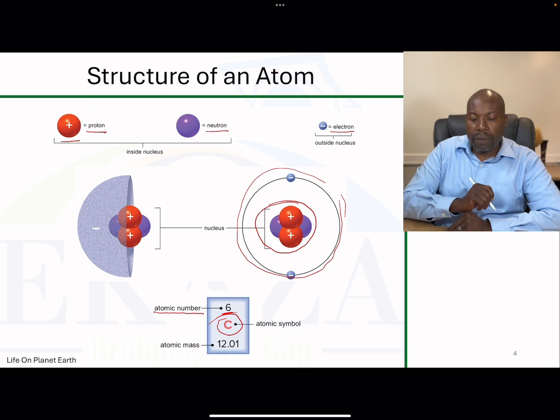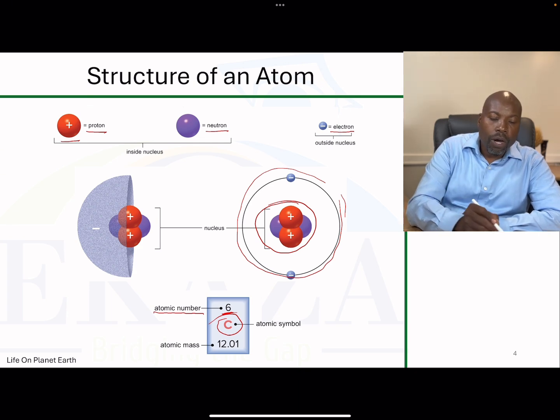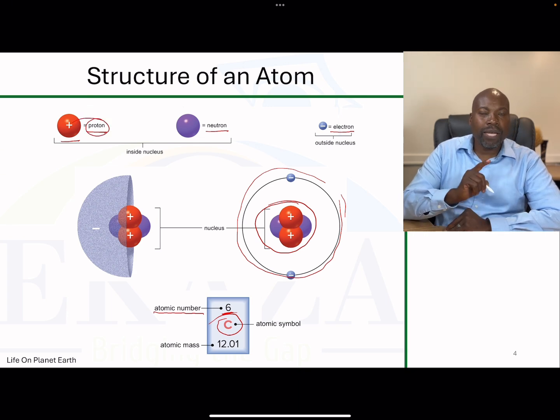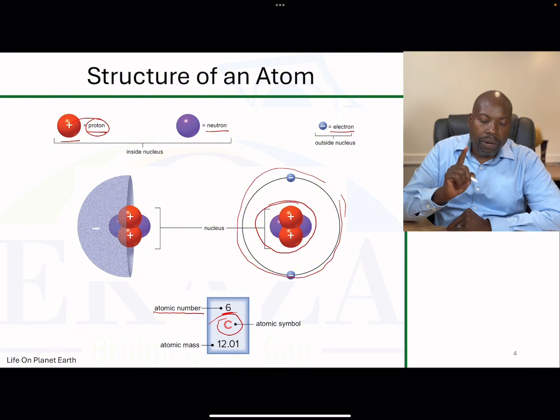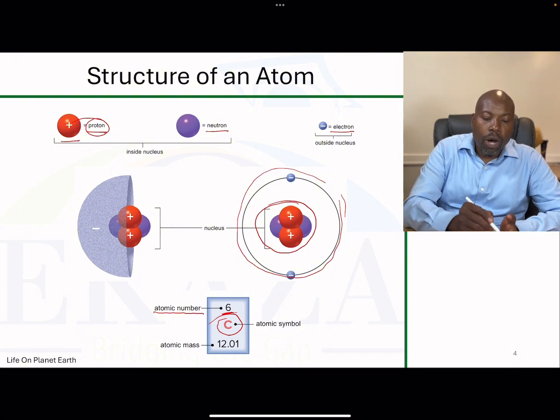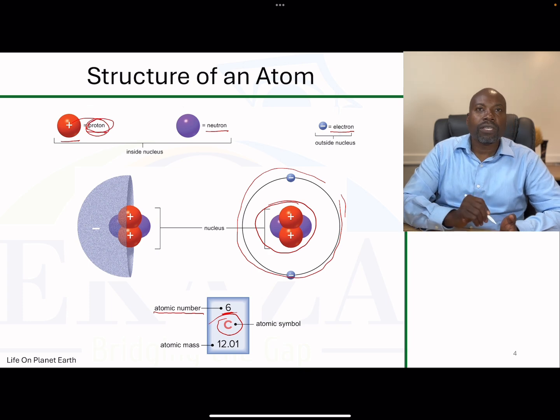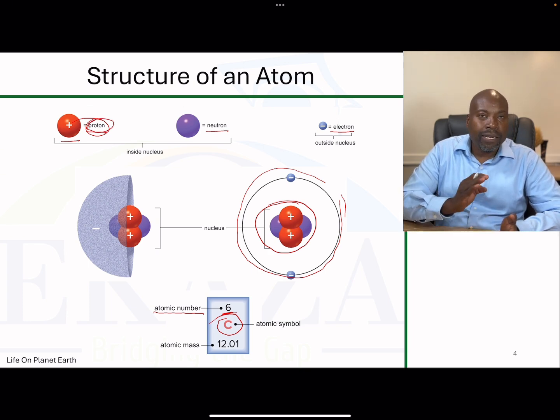The atomic number also represents the number of protons in an atom. Let me repeat that. The atomic number also represents the number of protons that make up a given atom, right?